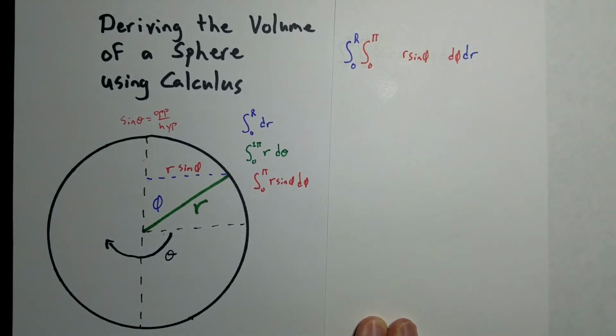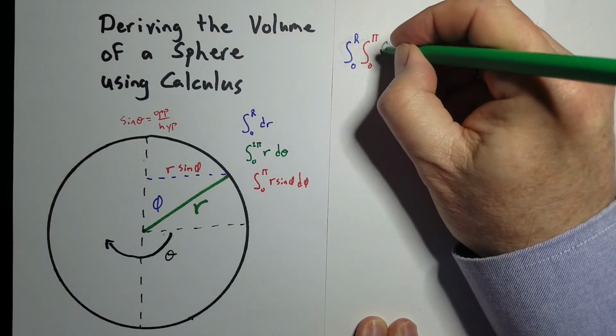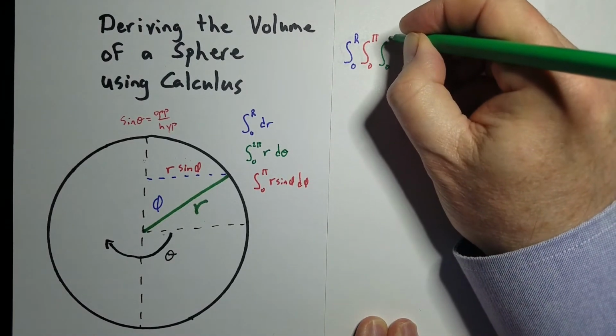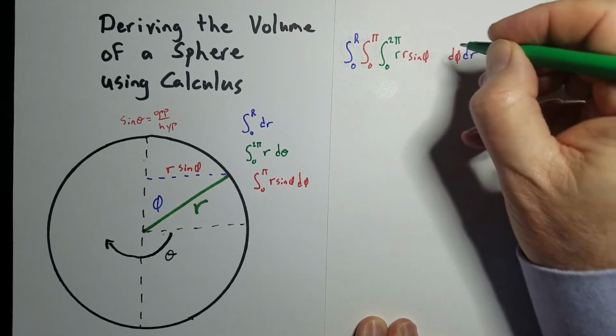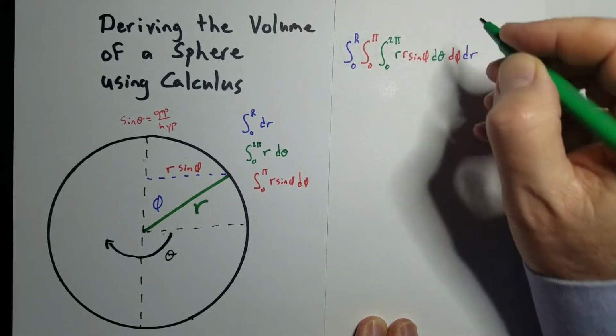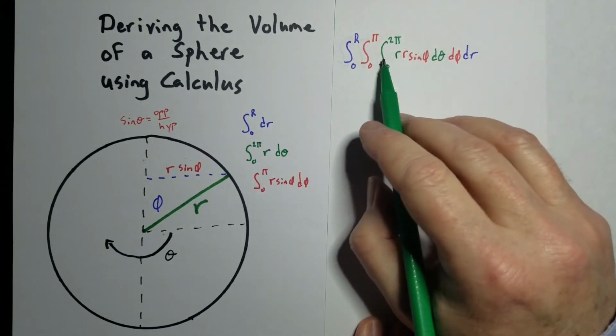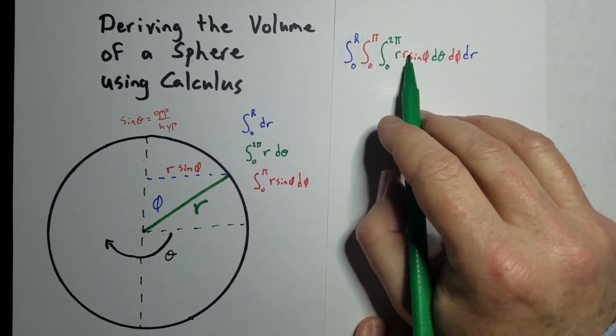And then our last integral is for theta, and it goes from 0 to 2 pi. It also has an r in d theta. So we took all these and kind of combined them right here, and we can simplify that because that's going to be r squared.